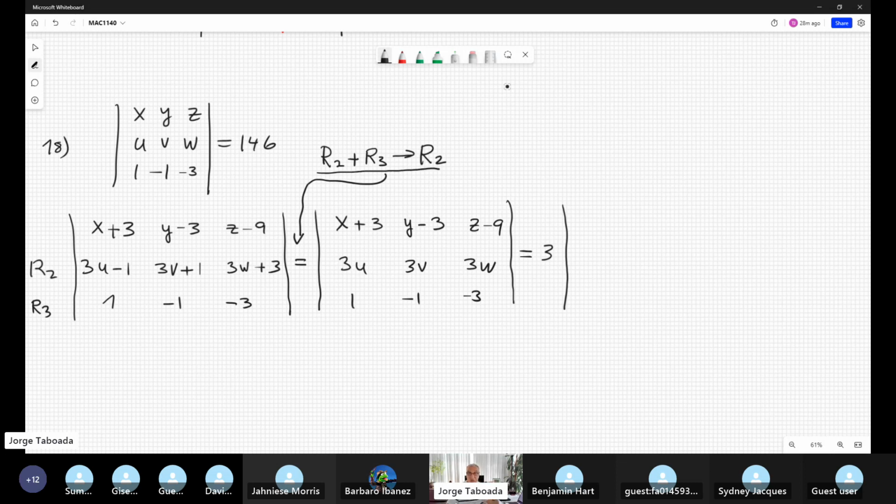So the property talks about multiplication, but we are doing it backward. We are doing factorization. So this 3 I put outside, and we have x plus 3, y minus 3, c minus 9, and now you have u, b, w.